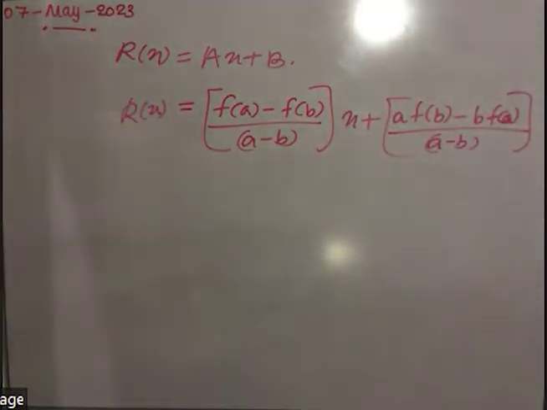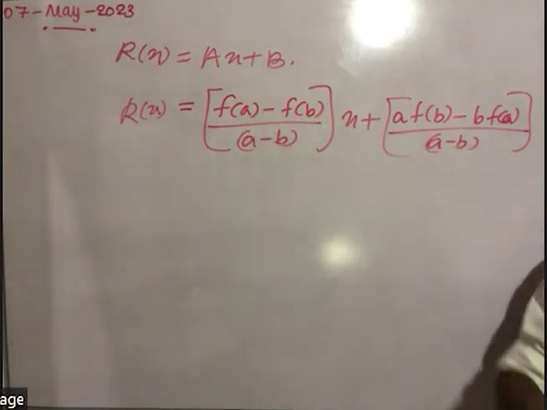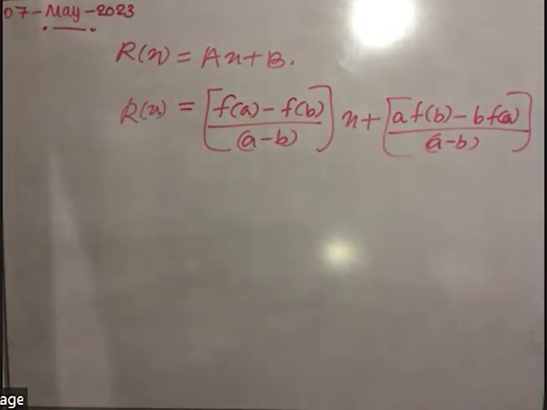You can write down the remainder using simple A, simple B, FA and FB.